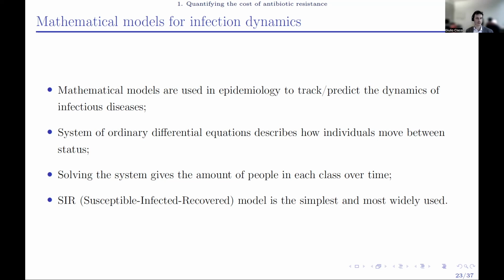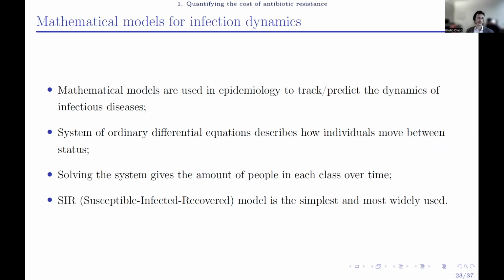Probably you saw this approach when we had the COVID pandemic on the TV. They showed a lot of the curves of the contagion and the prediction of the peak of the disease, and this is made with these mathematical models that are in general called SIR models.